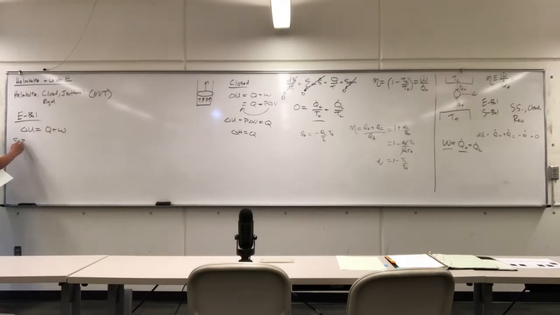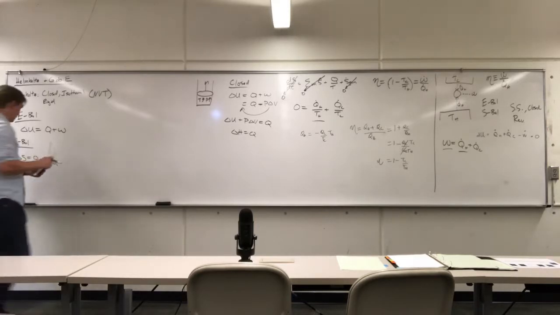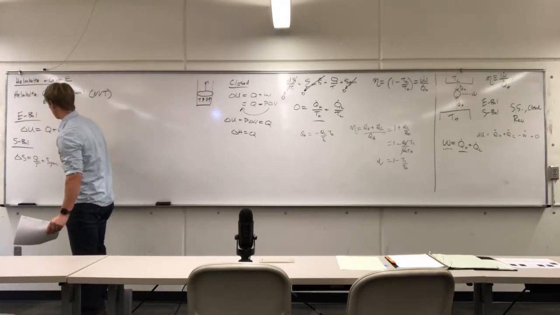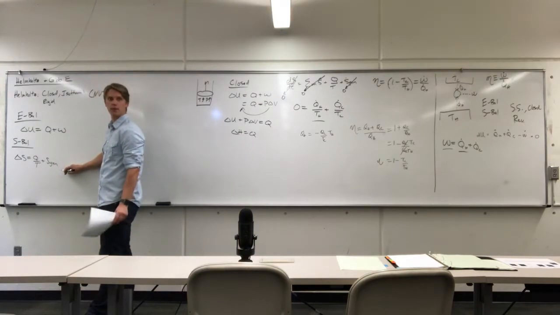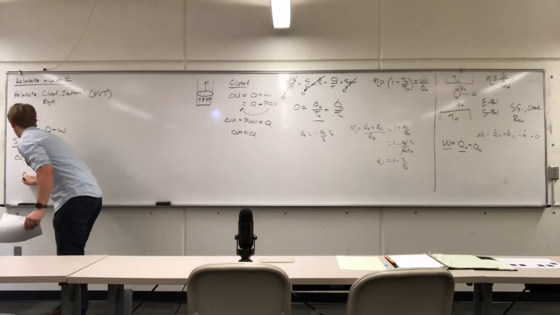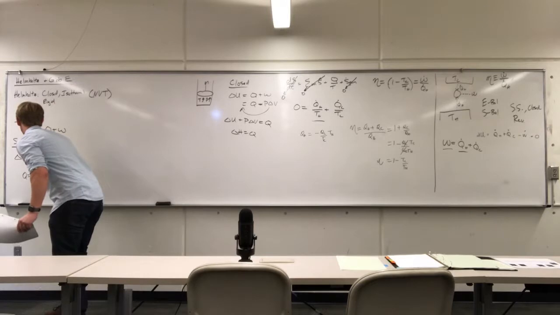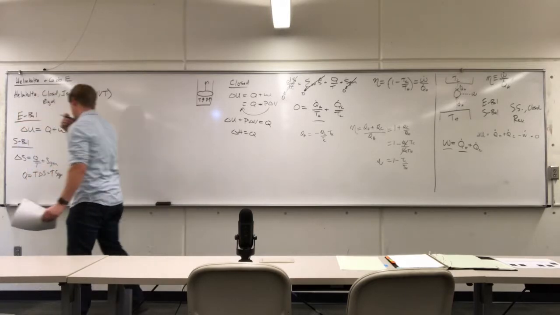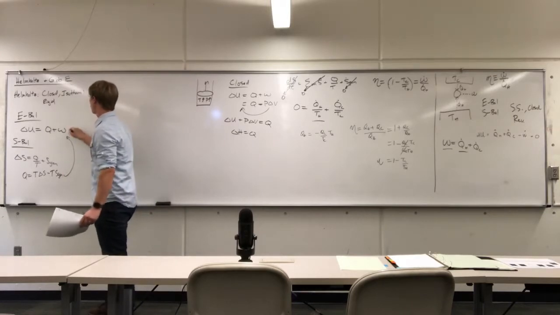Our entropy balance. So what we'll do here is basically combine the first law and second law of thermodynamics, very similar to what we did for the Carnot cycle efficiency. So in this case, we will write this as heat is equal to, substituted into the first law.